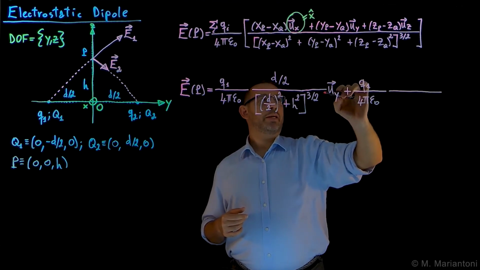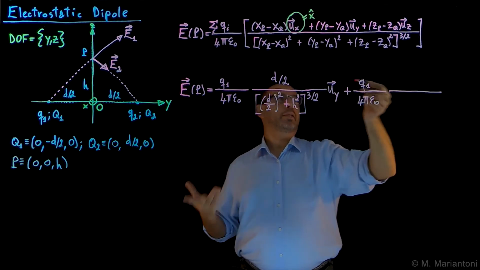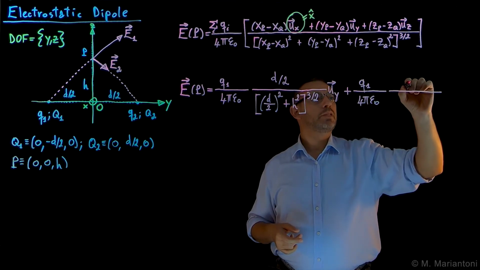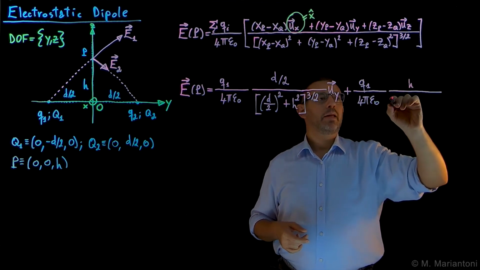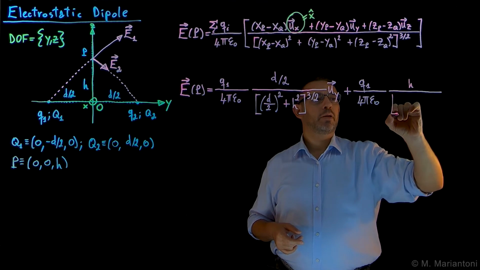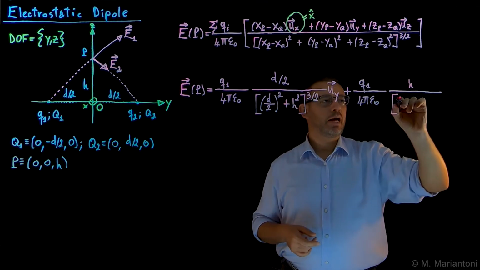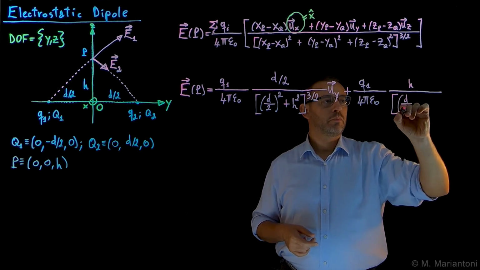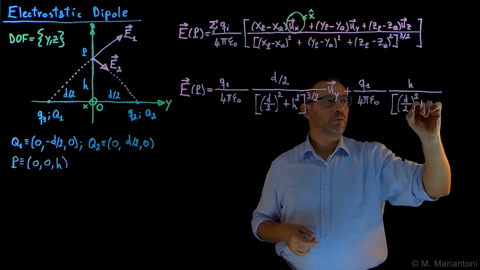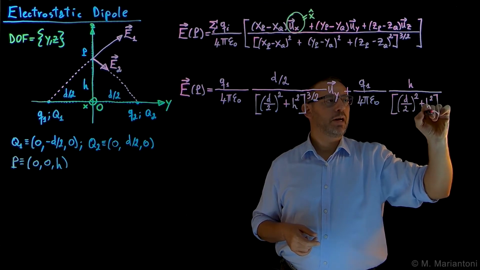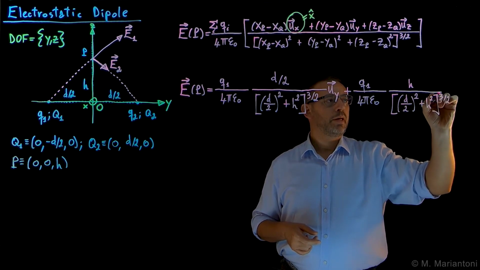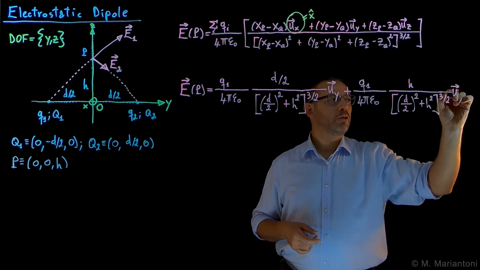The y we already took into account, so we're only looking at z. Z is h. We already computed it here, so it's simply h. And in the denominator, we have, of course, the same quantity we found here. So (d/2) squared plus h squared, to the power of 3/2.